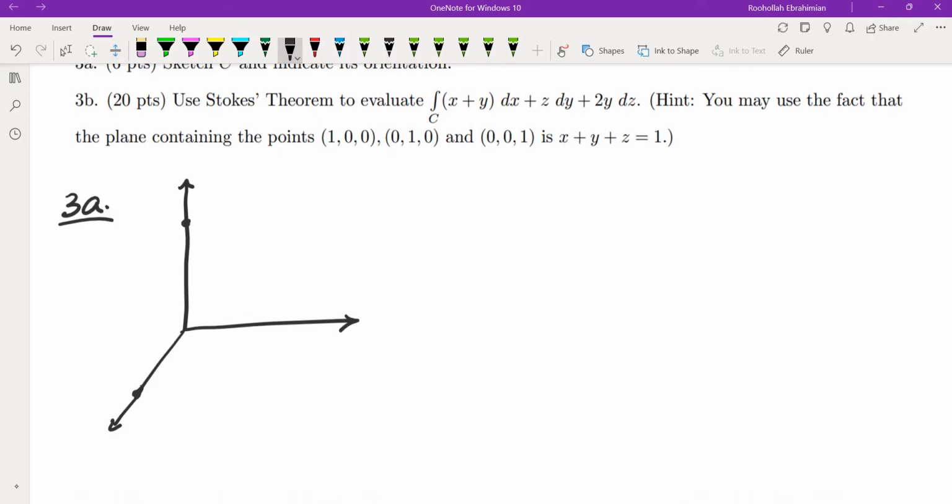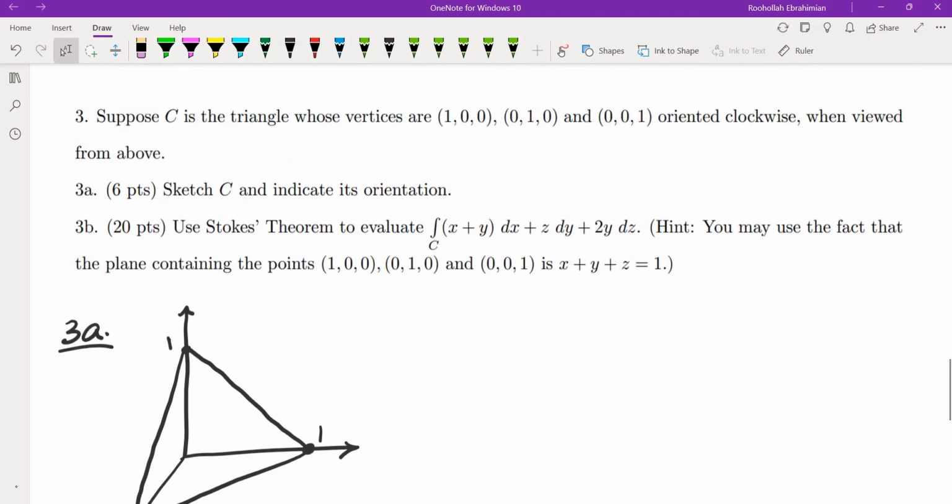Vertices are 1, 0, 0, 0, 1, 0, and 0, 0, 1. So these are the vertices. And they also said the orientation is clockwise when viewed from above. So we are looking at this from above. The orientation is clockwise. So it would have to be this way. And they're asking us to indicate the orientation and sketch the graph. So we did those two.